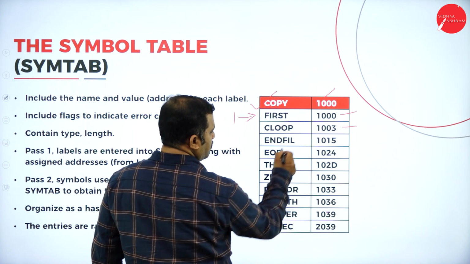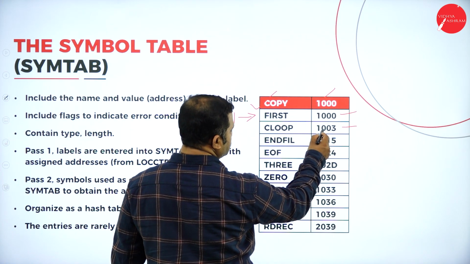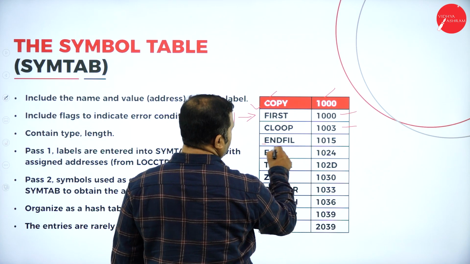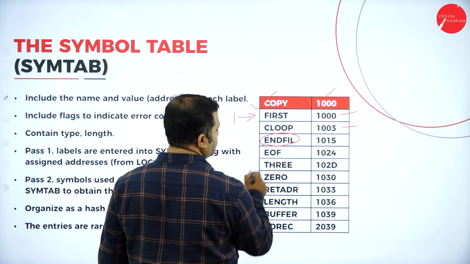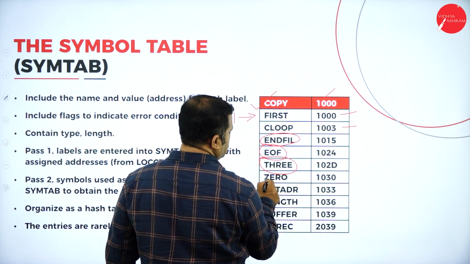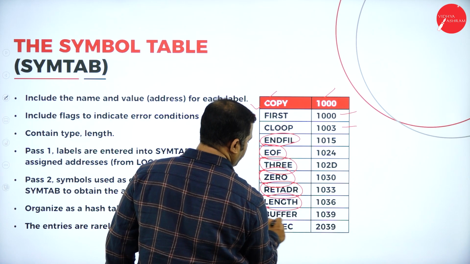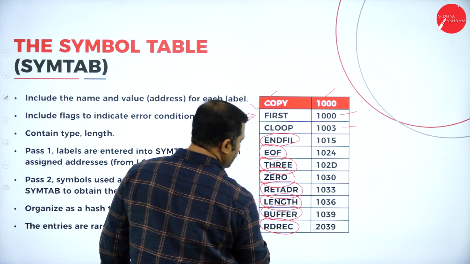When 1003 is encountered, we have a CLOOP here, then ENDFIL. We have another thing, end of function. This is 3, 0, return address, length, buffer, read record.